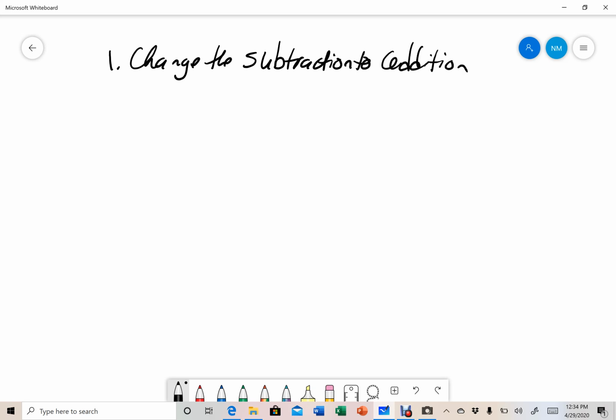These are our steps for subtracting rational expressions. Number 1, change the subtraction to addition. So all of our subtraction signs between our fractions are changed to addition.